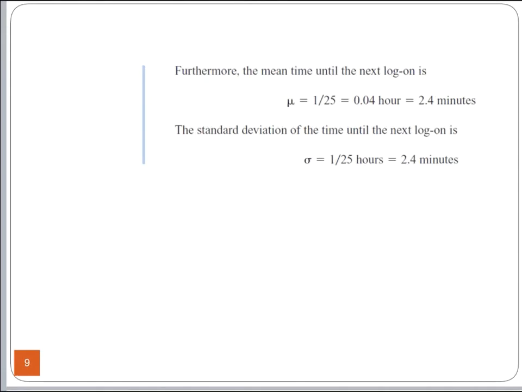The mean time until the next logon: you have one logon, you have the next one. This is the inter-arrival time, which is random. What's the average of this value between one and the next? Of course, sometimes it's small, sometimes it's large. You take all these and you calculate their average. This is going to be the expected value of the exponential distribution, right?